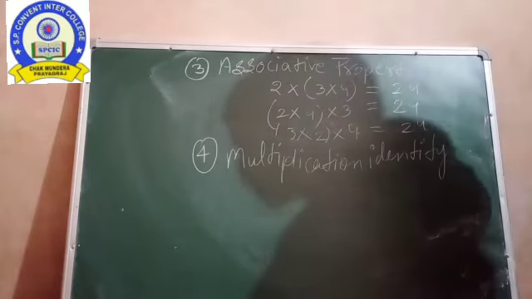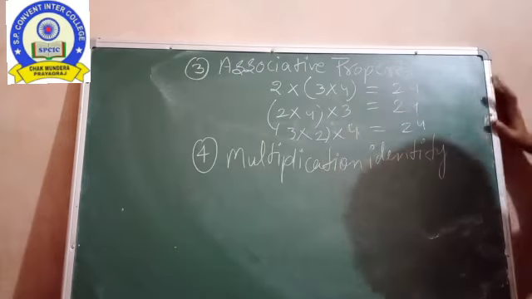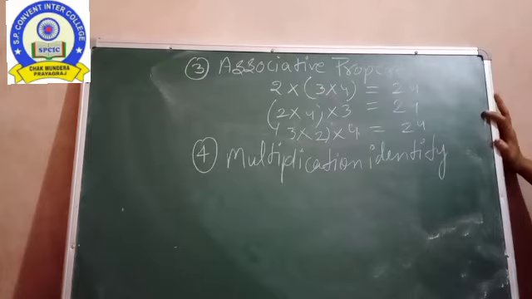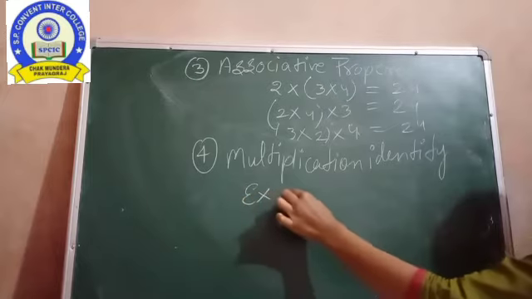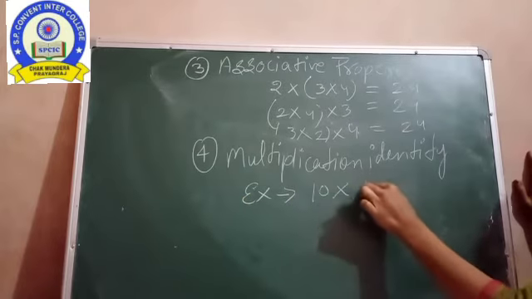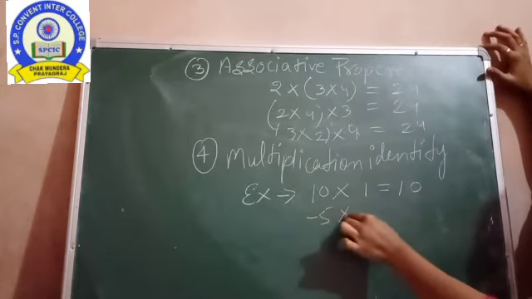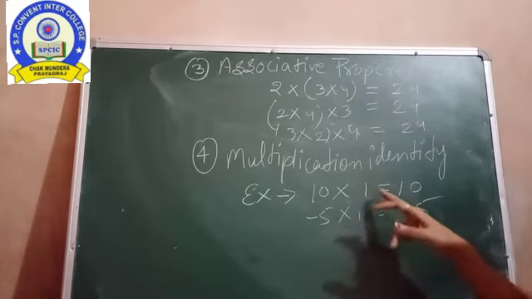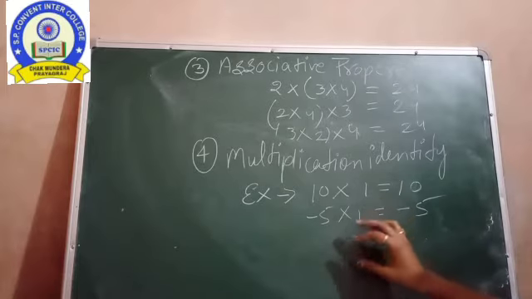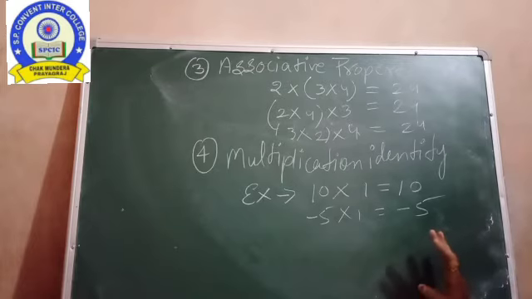When an integer is multiplied by 1, the product is the same number, which is known as multiplication identity. For example, 10 into 1 is equal to 10. Minus 5 into 1 equal to minus 5. It means when an integer is multiplied by 1, the product is the same number. 1 is called the multiplicative identity of integers.